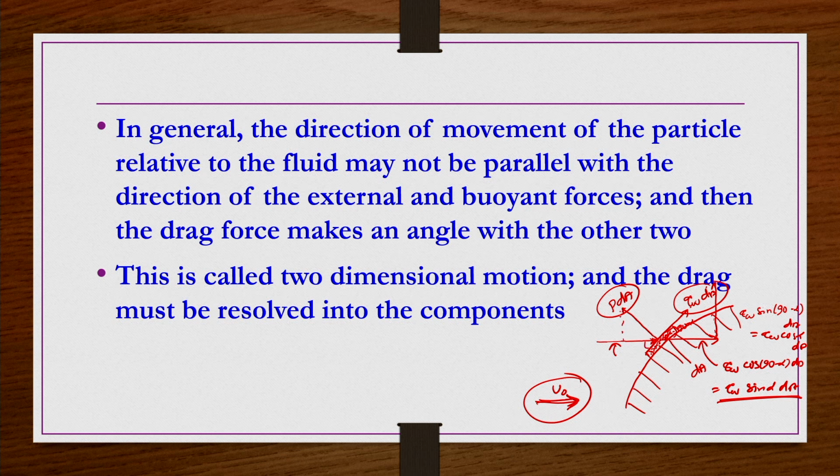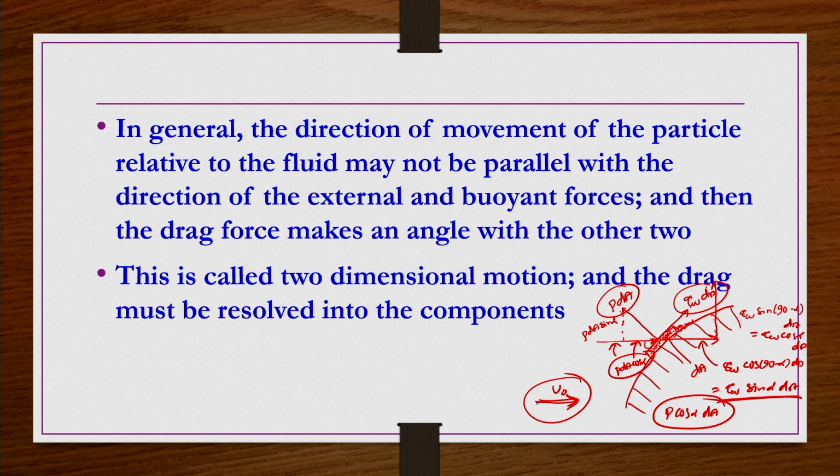So, this component would be p dA sin alpha, and this component in the flow direction would be p dA cos alpha. So, this p cos alpha dA is going to be the form drag acting in the flow direction, though the element is not having a one-dimensional flow.